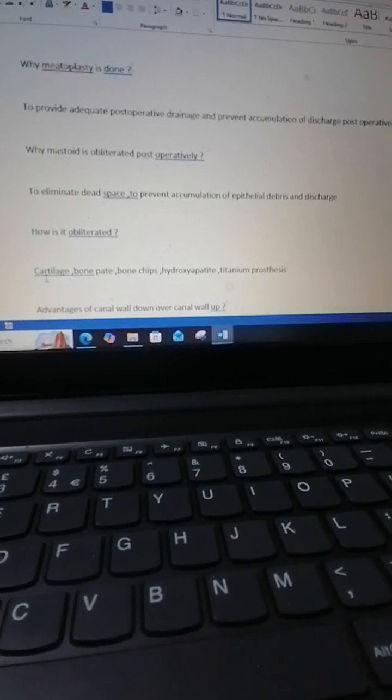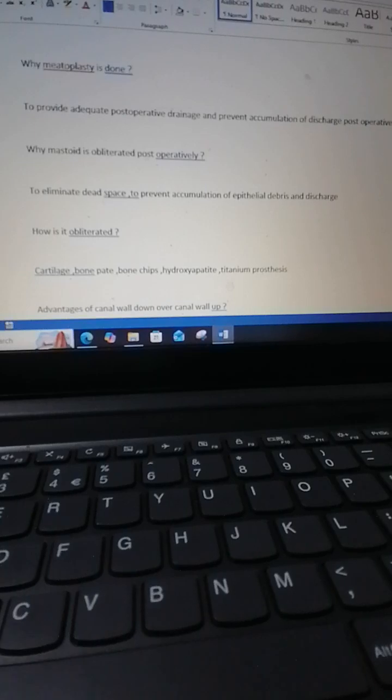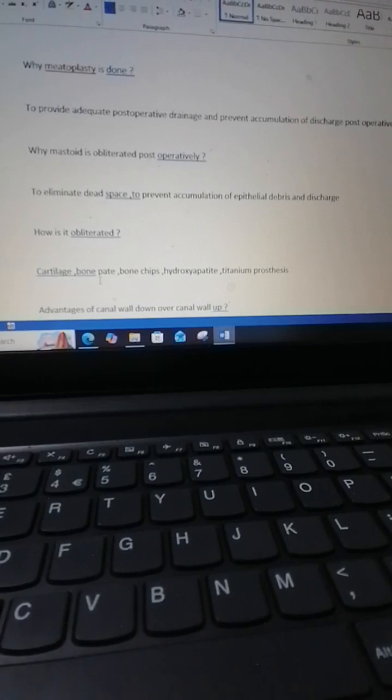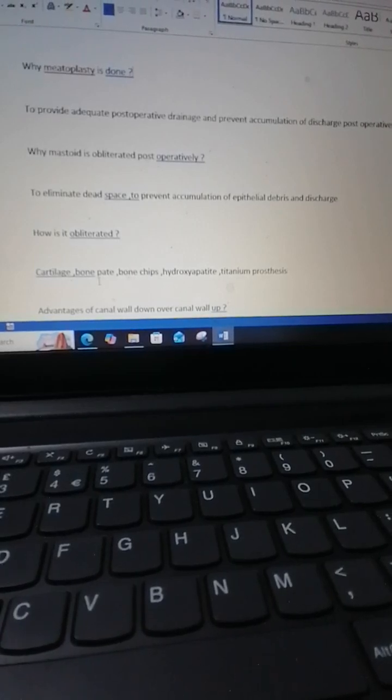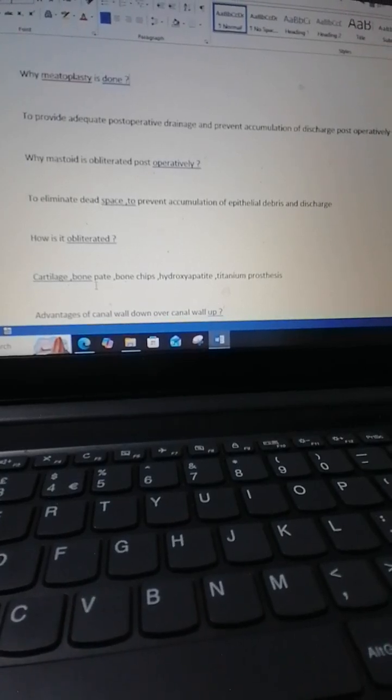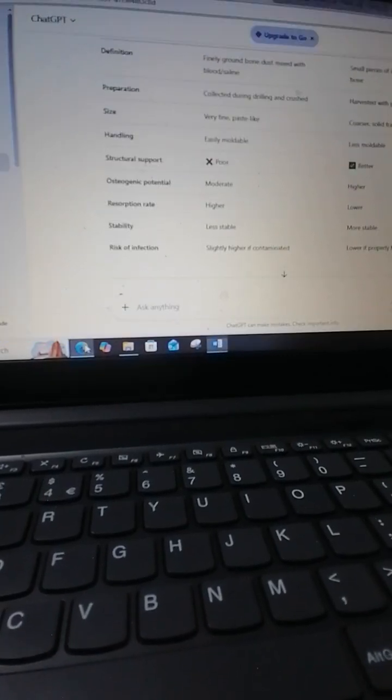The answer is that you can use cartilage, bone pate and bone chips. Bone pate is just finely ground bone dust, and bone chips are fragments of cortical bone. Now you can see the difference between both.